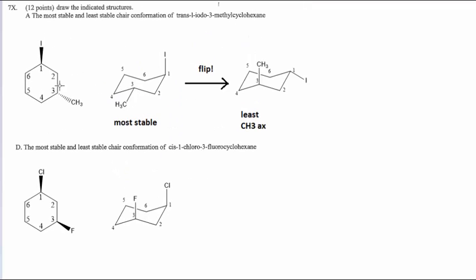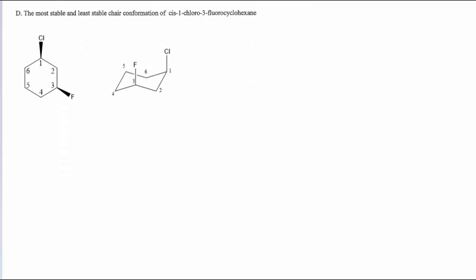You figured out that a dashed 3 was equatorial, so a wedged 3 is going to be axial. Likewise, once you flip the ring, these will go to equatorial, and when you're comparing them energetically, you have 2 axial versus 2 equatorial. The conformation with 2 equatorial will be much more favorable energetically.